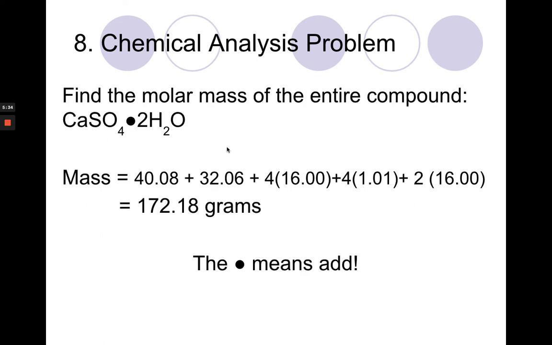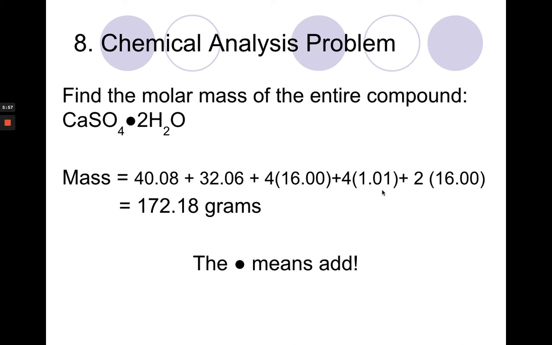So we're going to find the molar mass of the entire compound by looking on the periodic table and adding up the atomic masses. The atomic mass of calcium is 40.08, sulfur is 32.06, oxygen is 16, but we have 4 of them. Then we have to add the mass of 2 waters. So 2 times 2 is 4 hydrogens, so 4 times 1.01.